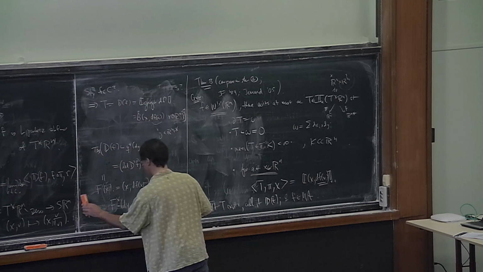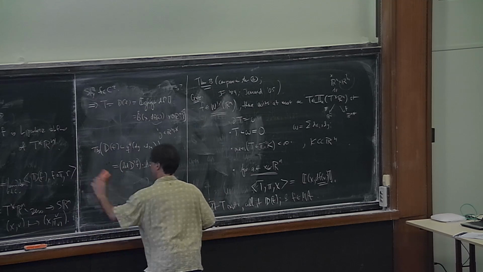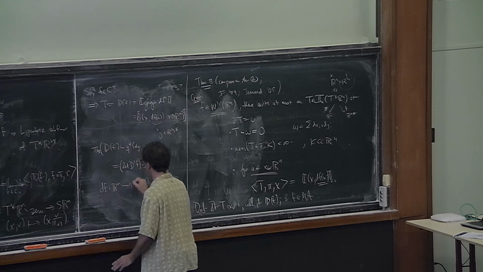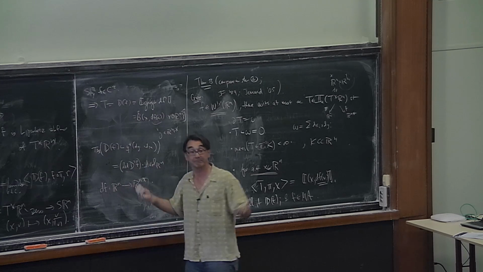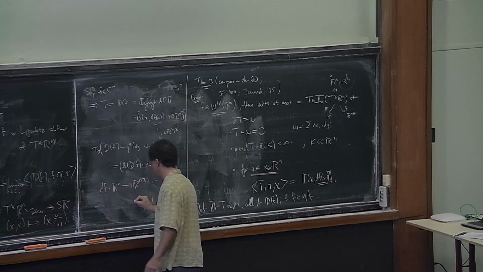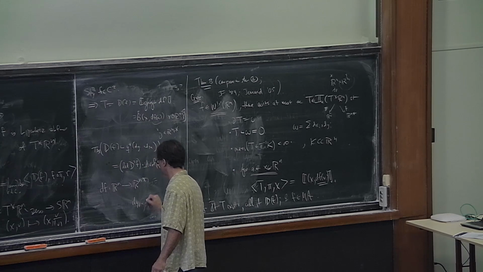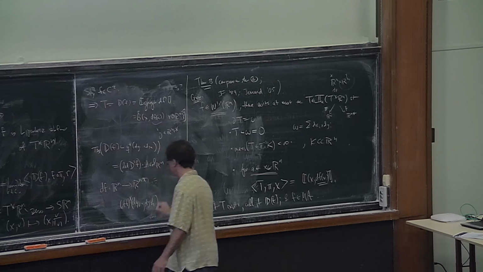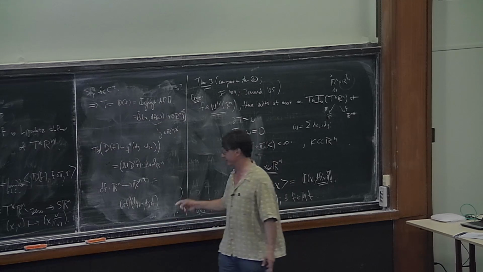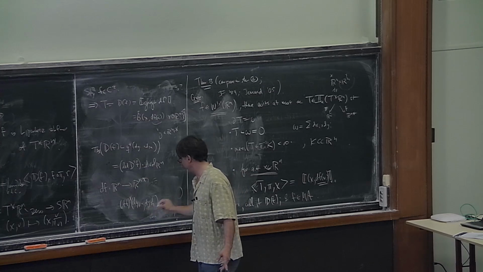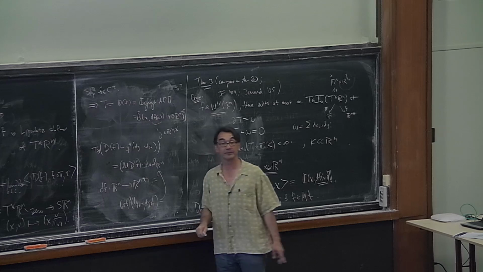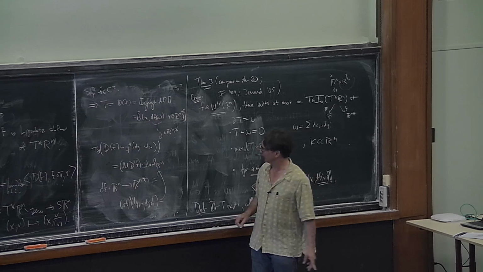I'm sorry, df now maps Rn to Rn star. So now I take the volume form here, and I pull it back by this map. What is this? I claim this is just that.